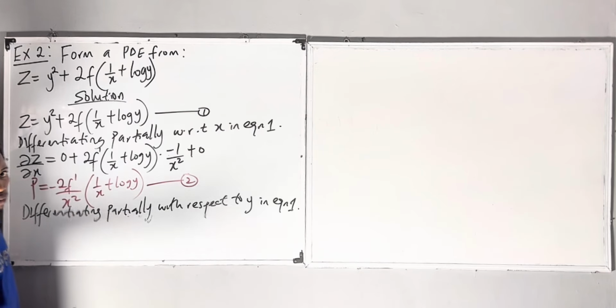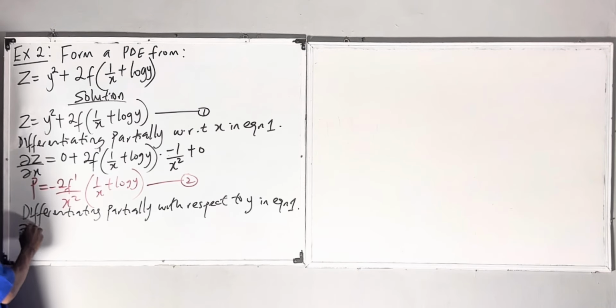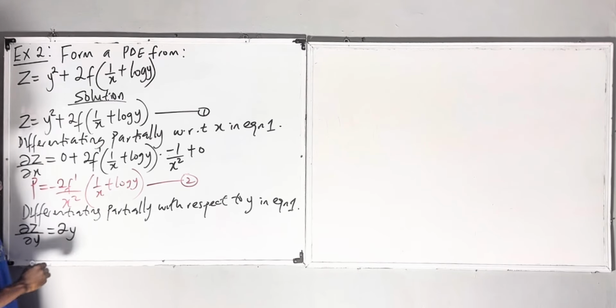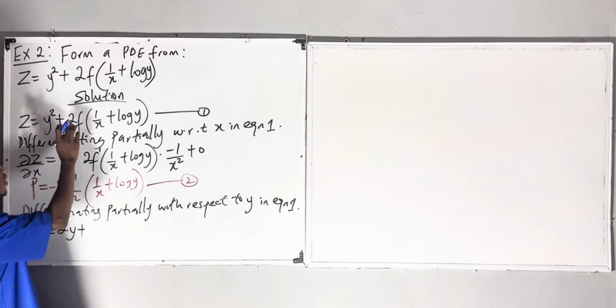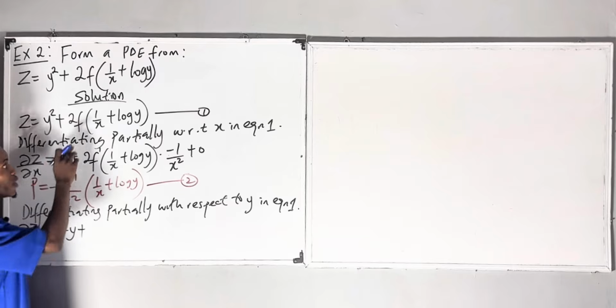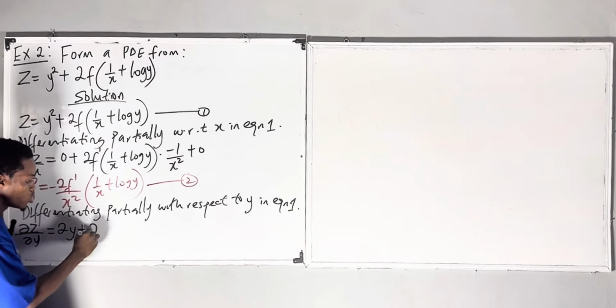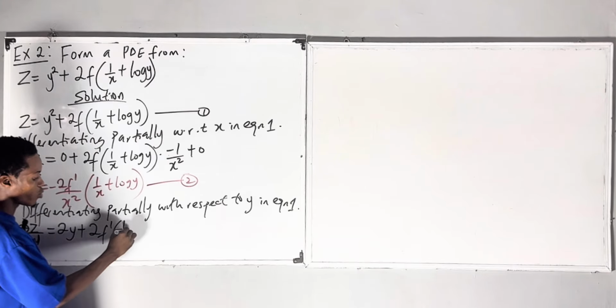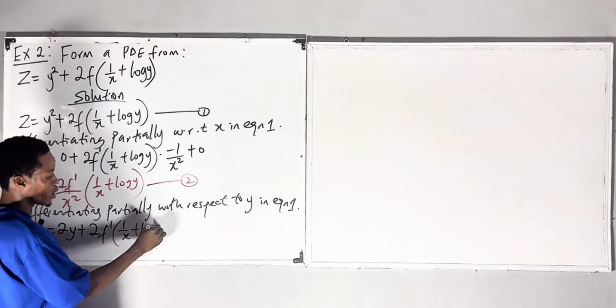So if I differentiate z with respect to y, I'm going to have partial z over partial y is equal to, if I differentiate y squared with respect to y, I'm going to have 2y plus, if I differentiate f, 2f prime, then multiply by 1 over x plus log y.